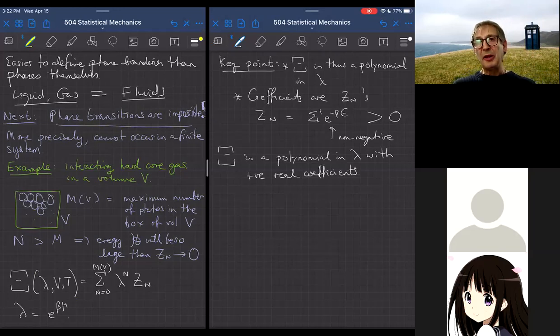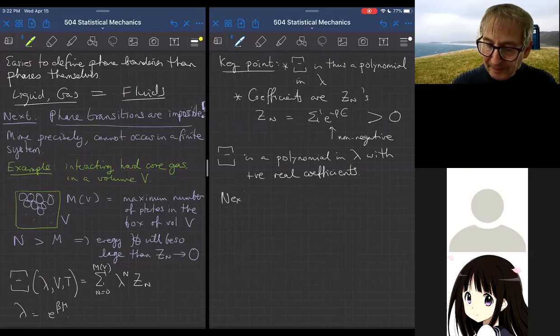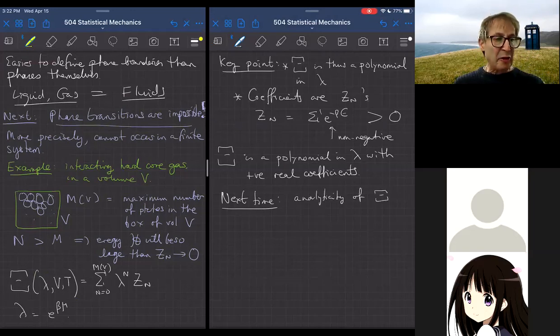Okay, well, that's where I'm going to end for today, because next time we're going to study the analyticity of chi, and we're going to do that by looking in the complex lambda plane.